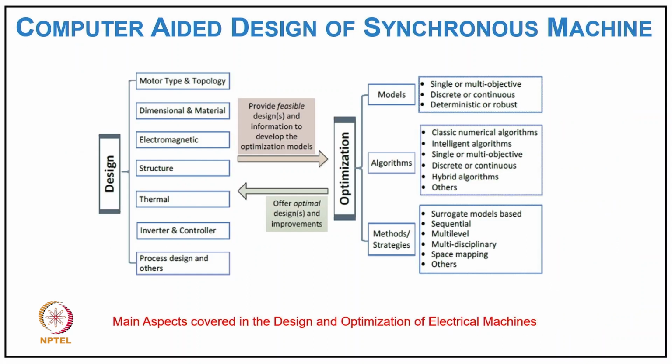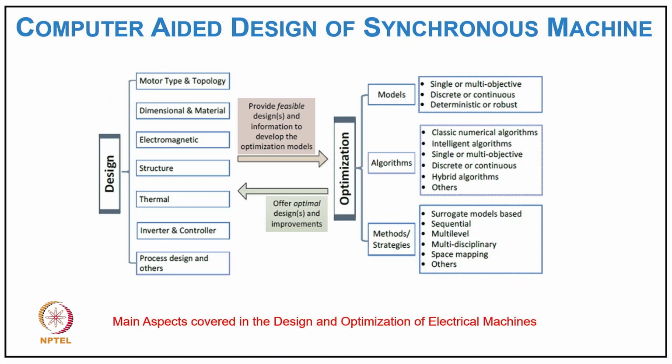Now coming to the main aspects in the design and optimization of electrical machines. To start with, from design we have motor type and topology, then dimensions and material, then electromagnetics, structure, thermal, inverter and controller, and process design also. This has input and output from the optimized design of the machine, to provide feasible designs and information, develop the optimization models, and in return it offers the optimal design and improvement.